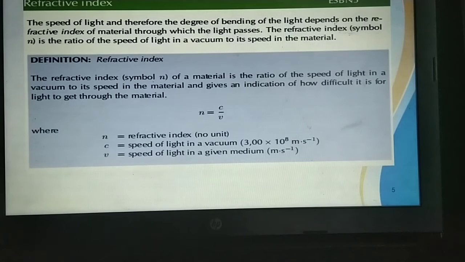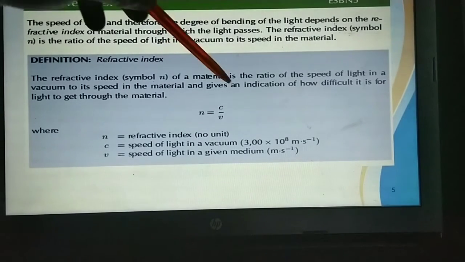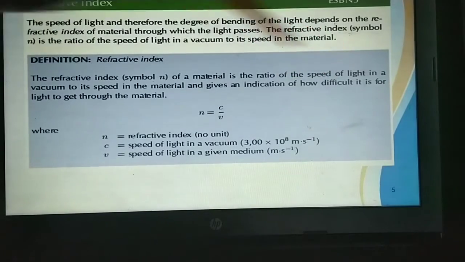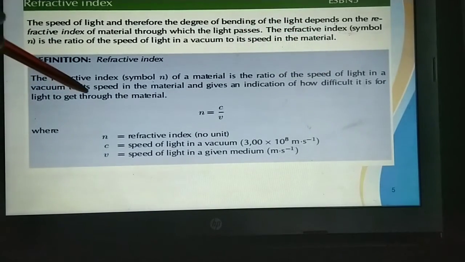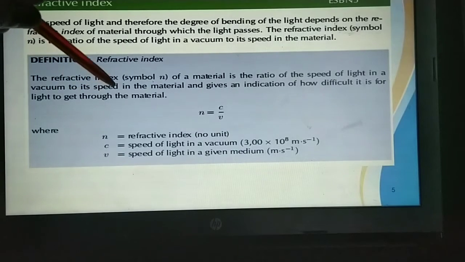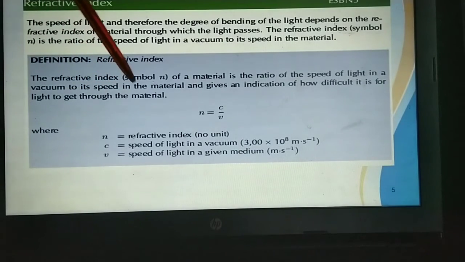So the definition says that the refractive index of a material is the ratio of the speed of light in a vacuum to its speed in a material, giving an indication of how difficult it is for light to get through the material.